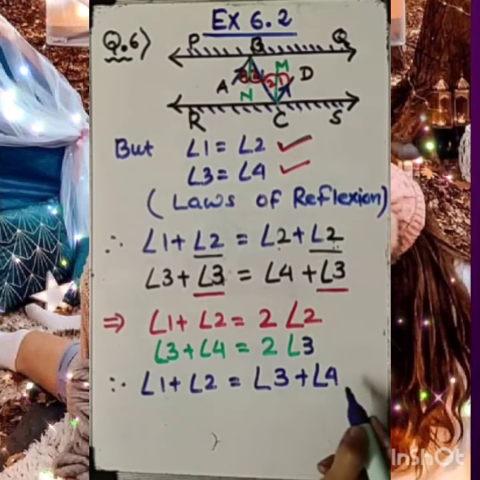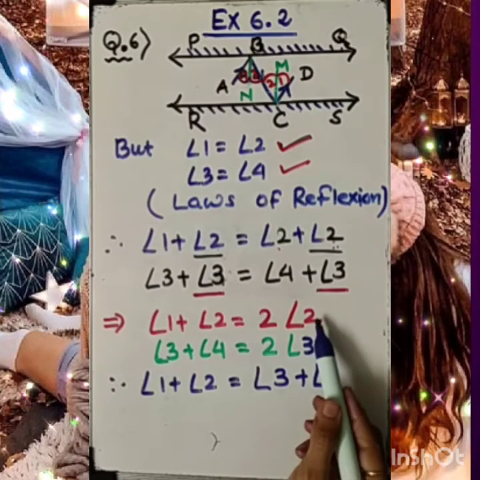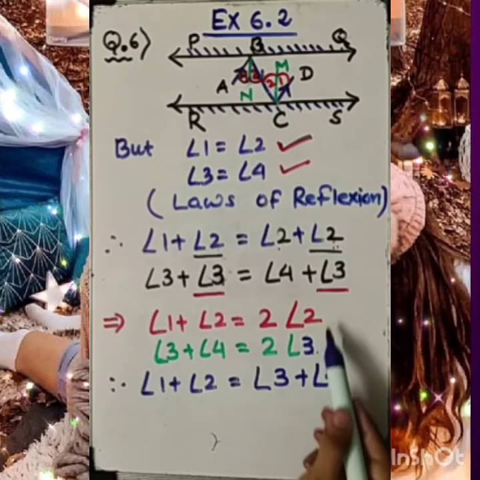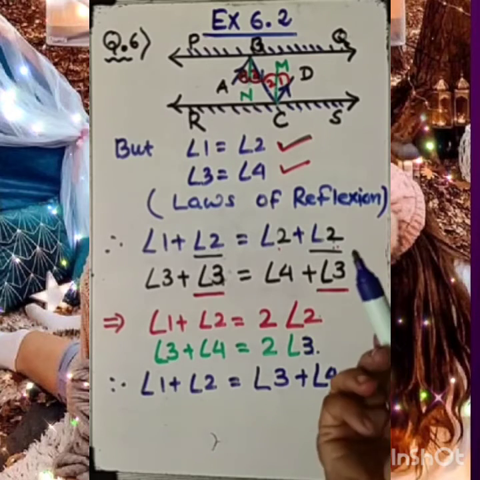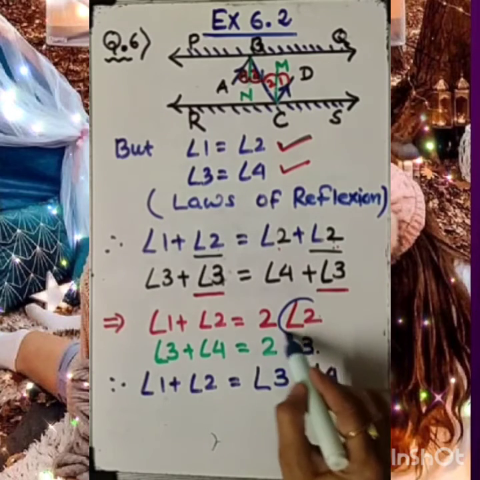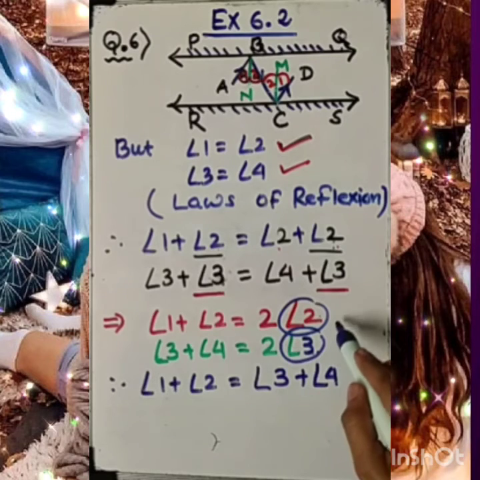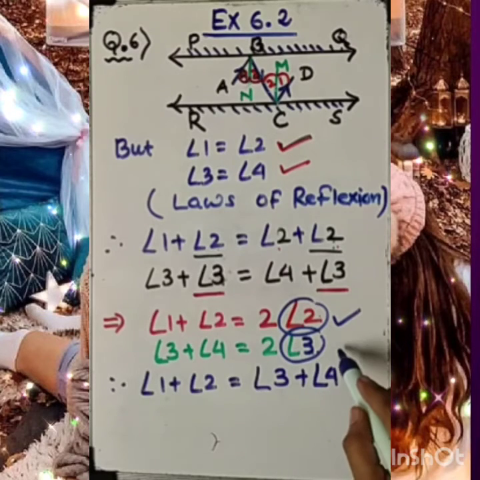What is the reason why I have written angle 2 and angle 3? They are different, but as we already proved in the beginning, these two angles are similar. So in place of angle 3, I can write angle 2.